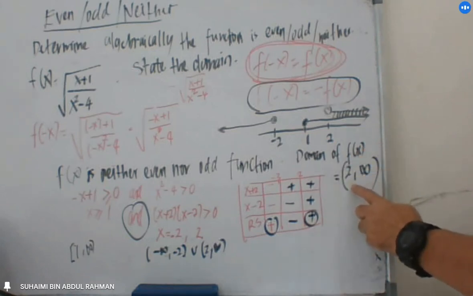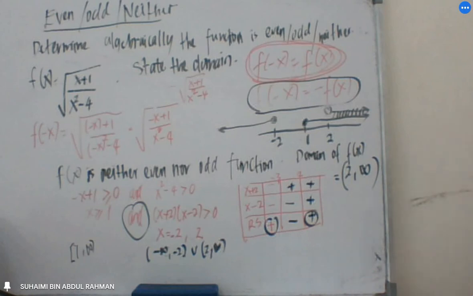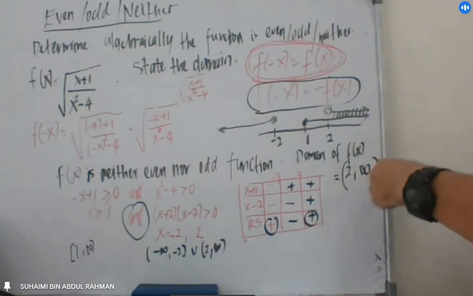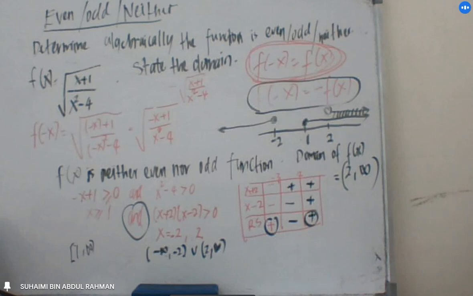Try to take one number outside this. Give me one example of a number outside of this. How about 1?